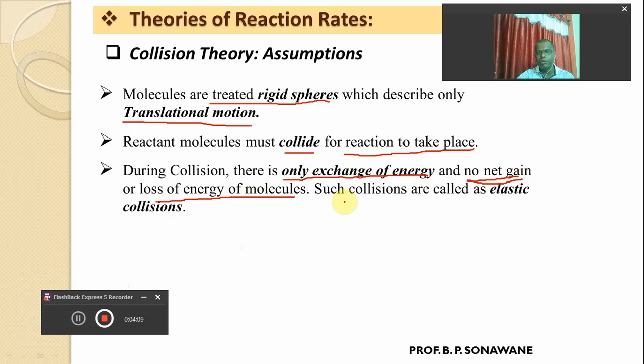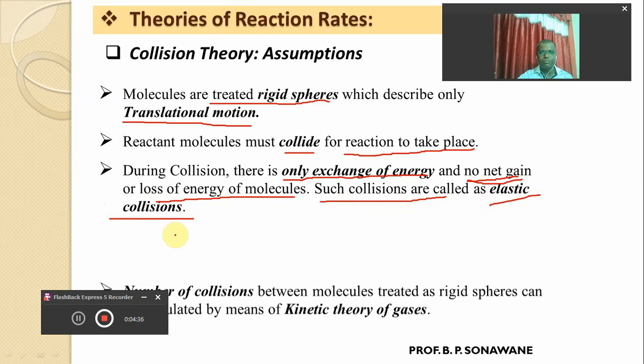Such a collision, in which the exchange of energy takes place but no net gain or loss of energy occurs between the molecules, means that the total energy of the molecules remains constant. Such collisions are called elastic collisions. It means that if we consider the energy of the molecules before and after collision, it will remain the same.